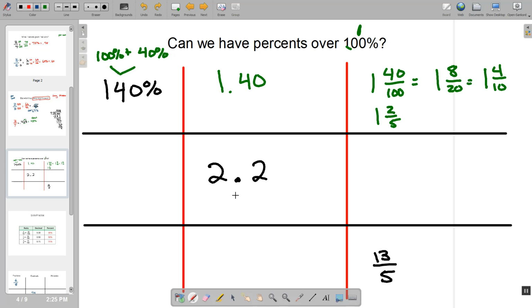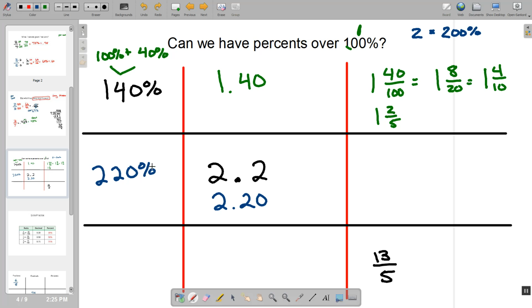Now, if we're given a decimal first, what I like to do is change our tenths to hundredths, and we have 2 and 20 hundredths, and we know that 1 is 100%, so 2 should be 200%, should be double. So this is 200% and an extra 20%.